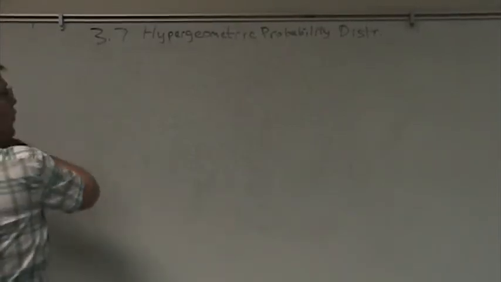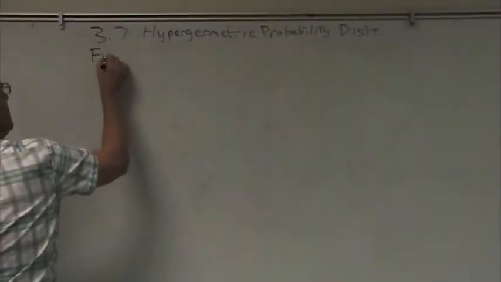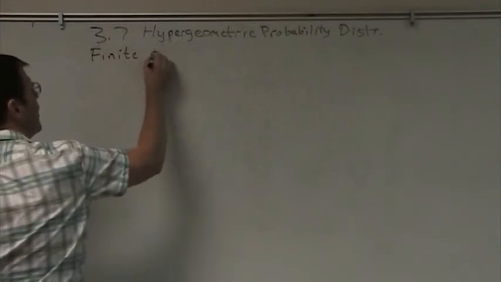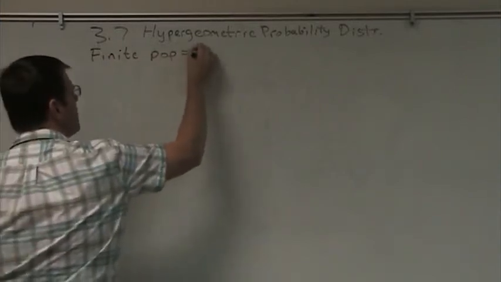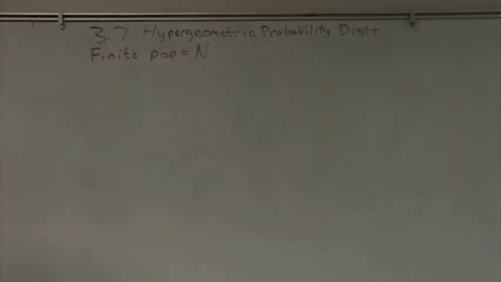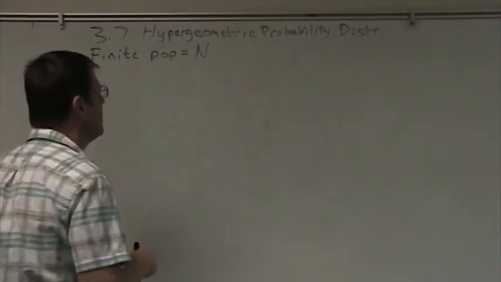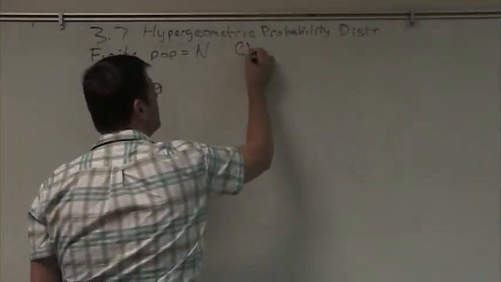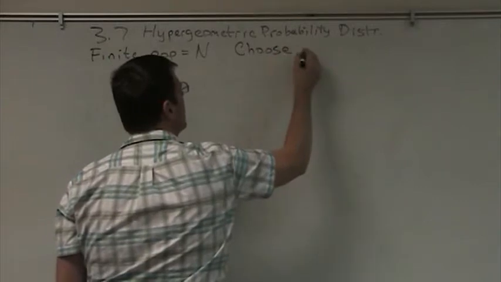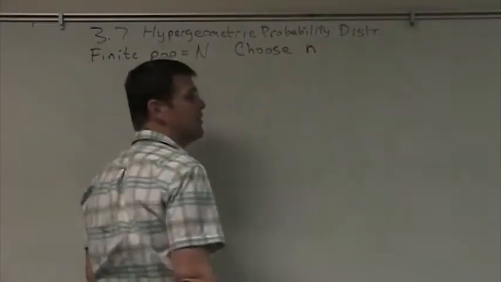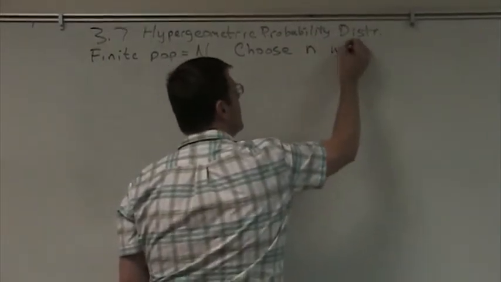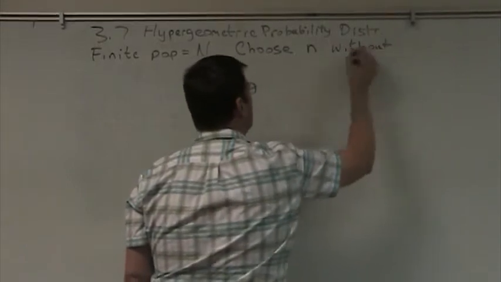We're working with a finite population. That population size is capital N. We choose a sample of size little n without replacement.